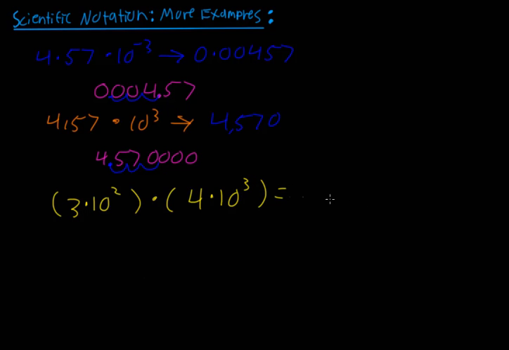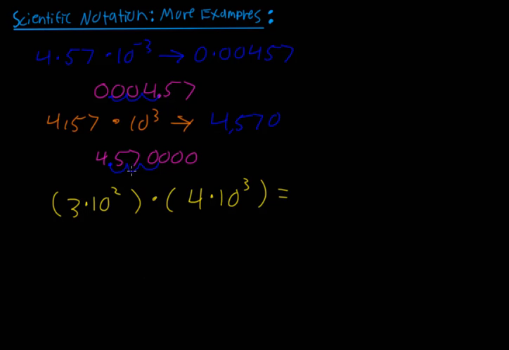You could plug this into a calculator, sure, that would work. Or, this isn't that bad of an example, so you could recognize this is 300, it's just 3 with the decimal place moved twice to the right, and then this is 4,000, so it's just 4 with the decimal place moved 3 times to the right.